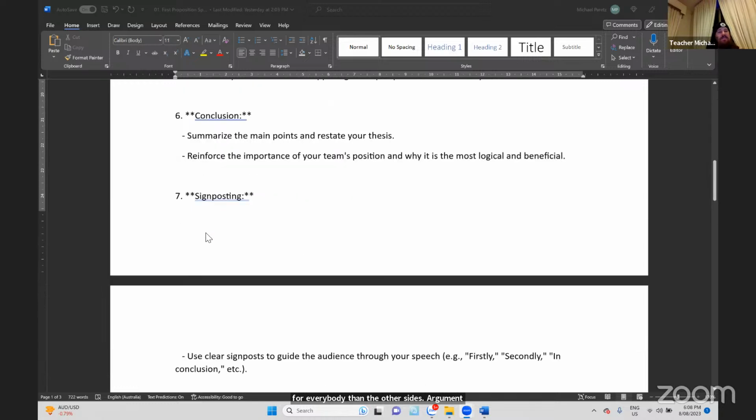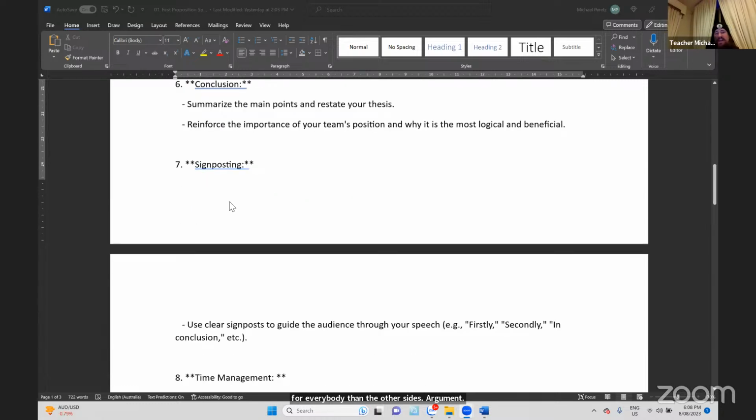The next thing here, we've got signposting. Now, signposting is a technique that you can use in speeches, and it just helps you to clearly label each section of your speech. And the reason that that's important is because as I was listening to a few speeches last week, I couldn't tell when one argument ended and the next one began.